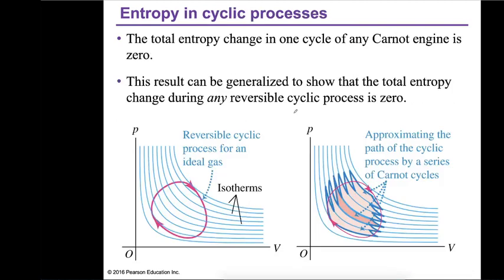The total entropy change in one cycle of any Carnot engine is zero. This result can be generalized as shown. The total entropy change during any reversible cyclic process is zero.